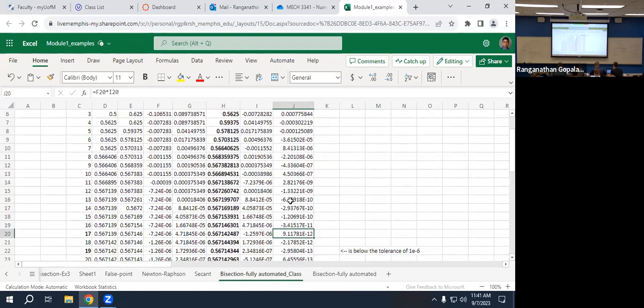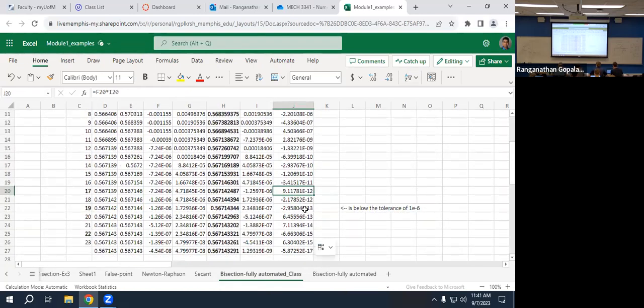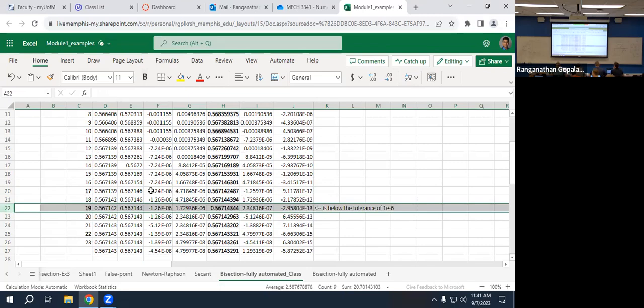And if you see here, after 19 iterations, the value of the function has dropped to below 1e minus 6. If I set my tolerance as that, that means after 19 iterations, we have converged.